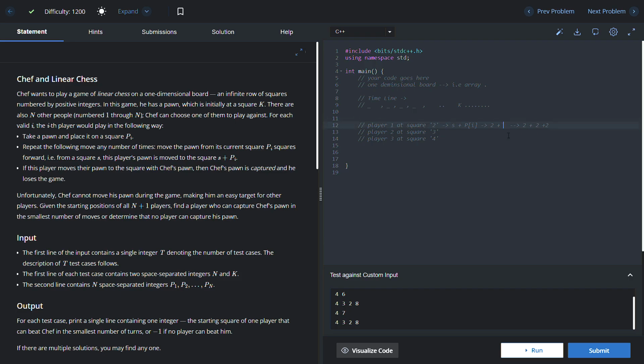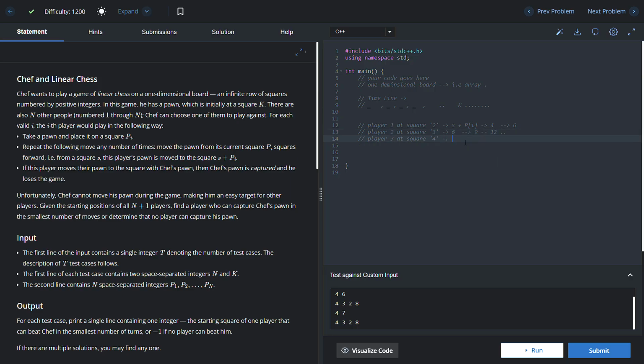That is 4, and that is 6. Similarly for player 2, it will be 3, then 3 plus 3 is 6, then the next move will be 9, and the next move will be 12, like that n times.